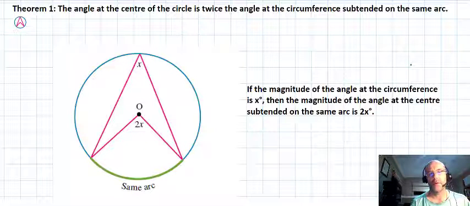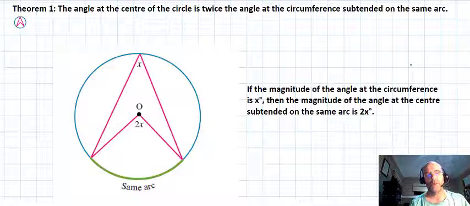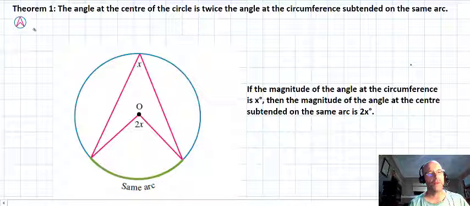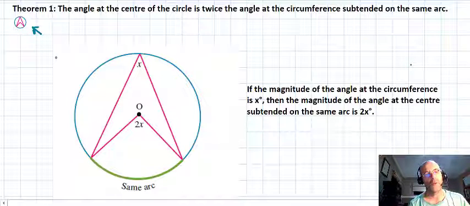Now, in a previous video I've gone through all the terminology regarding circles, so please go back to that earlier video, especially the word subtend. You can see that we've got a diagram there, and we also have a little symbol. Whenever we refer back to this theorem, once it's been established, we can use that symbol to refer back to it.